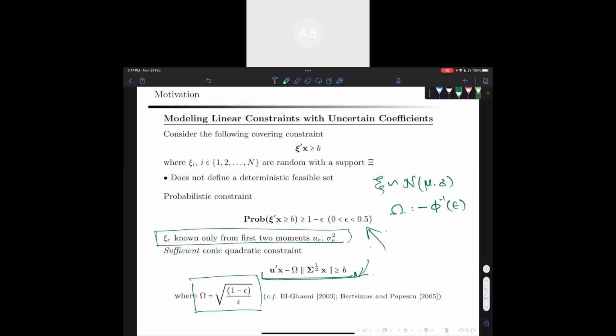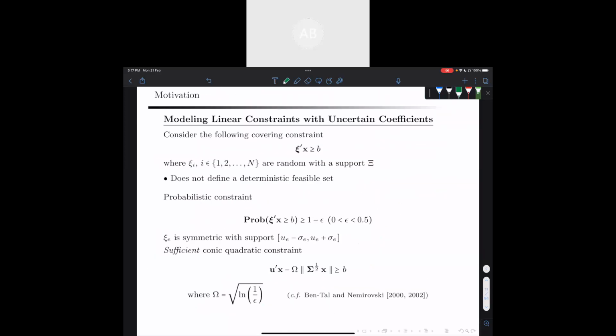So any solution you get here is guaranteed to satisfy that probabilistic constraint. Furthermore, if your psi is symmetric with support like this, then even in that case, the same conic quadratic constraint is sufficient for this particular probabilistic constraint, here also with a different scaling parameter.